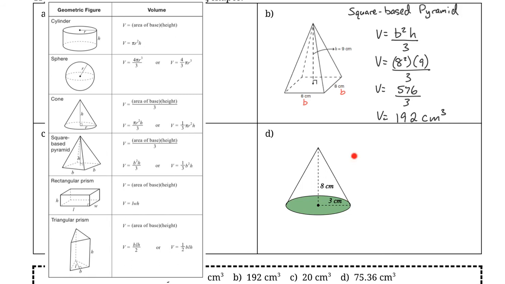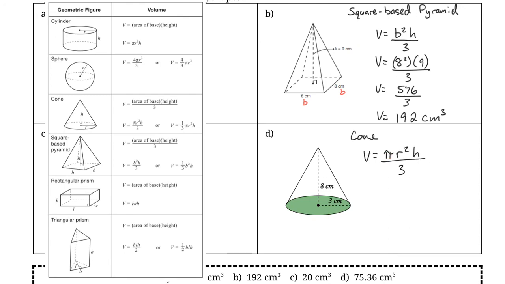Next, let's find the volume of this shape in part D. So this shape kind of looks like the square-based pyramid, but on the bottom we don't have a square, we have a circle. So this is actually a cone. And according to our formula sheet, the volume formula for a cone is V equals pi r squared h over 3.